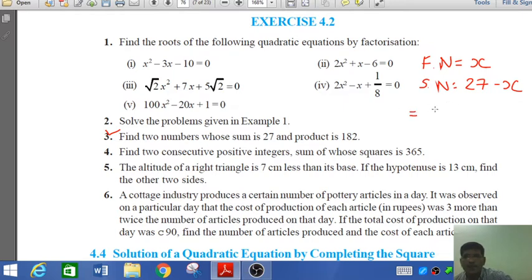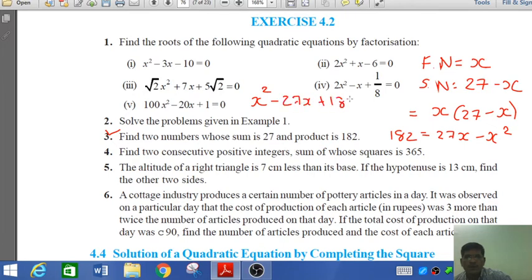Product means multiplication: x multiplied by 27 minus x. If I open it, 27x minus x square. Here the product is given as 182. So now we have to make a factor. In standard form I am writing x square minus 27x plus 182.